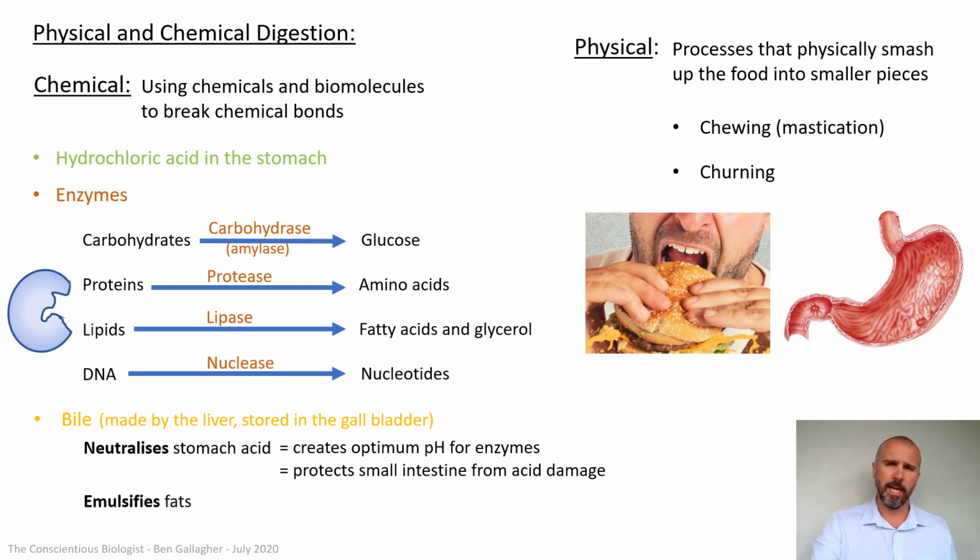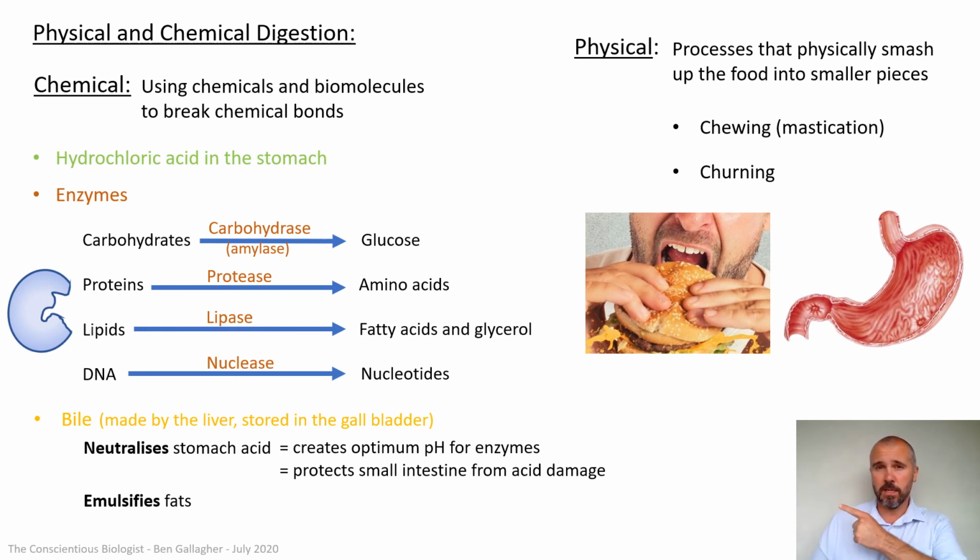Second role that bile has is called emulsification. It emulsifies fats. Now what that means is when there's big lumps of fat, if you put bile on them, it breaks the lumps down into thousands of little droplets. Again, that's to increase surface area relative to their volume. That exposes much more surface so that those fat droplets can then be digested by the lipase, because the fat is made of lipids.